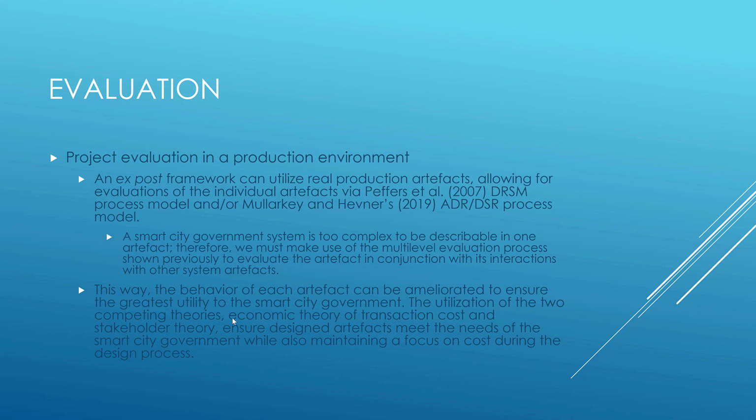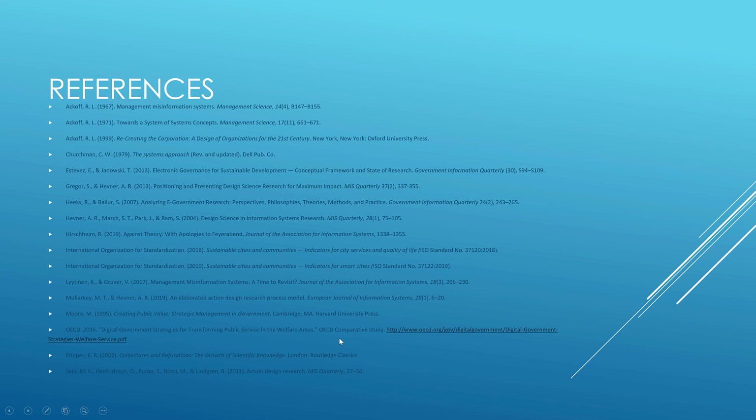And this way, once we add the structuration theory in there, we can also make sure that learning takes place, that the organization learns from the information through the design process, and that knowledge can be used and reused and passed into the next iterations and into new artifacts as they're required and built throughout the city.